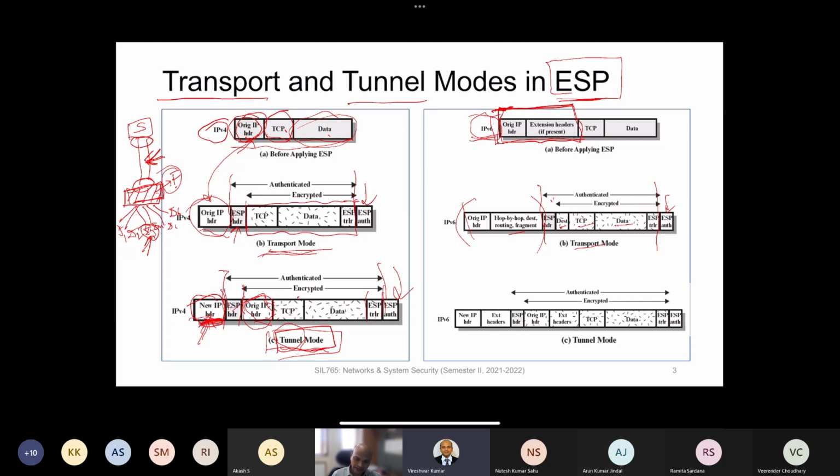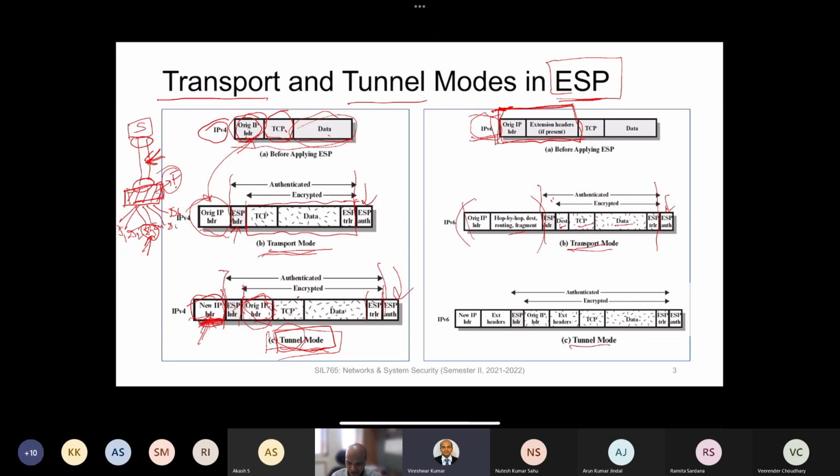So rather than allowing each networking component to direct the packet, you could actually define how this packet should be processed by each of those networking components. Okay, so that is the transport mode.